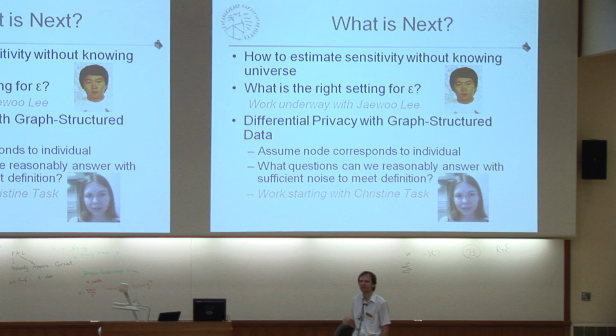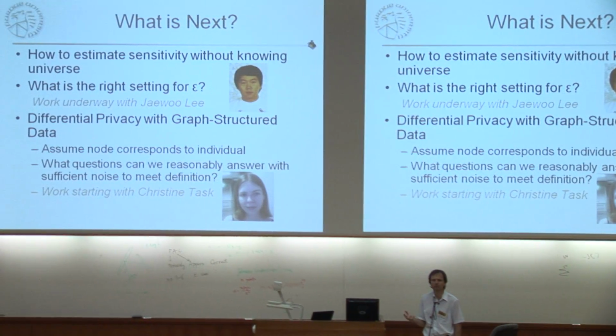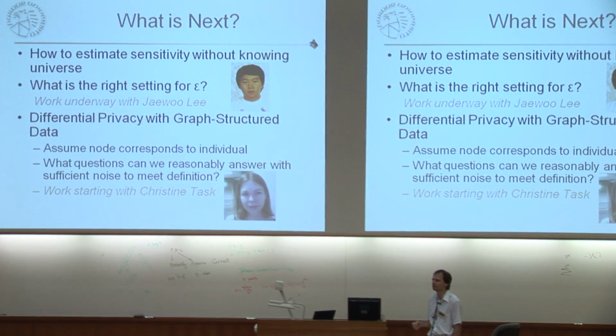It turns out it's not obvious. It's very dependent on a whole lot of things. If you think of your goal as not individually identifiable, it's not clear how to set that e to the epsilon parameter. Other work we've got going on is graph structured data. It opens up a whole new slew of problems that just don't respond well to some of the normal techniques.